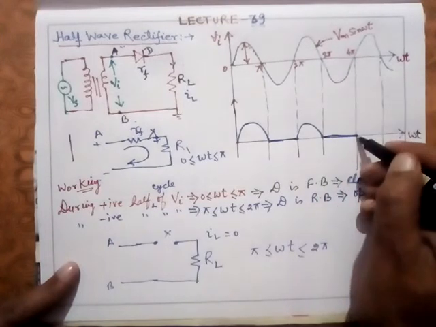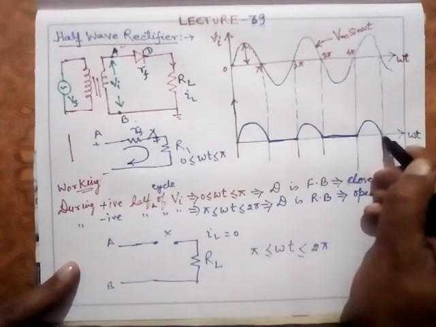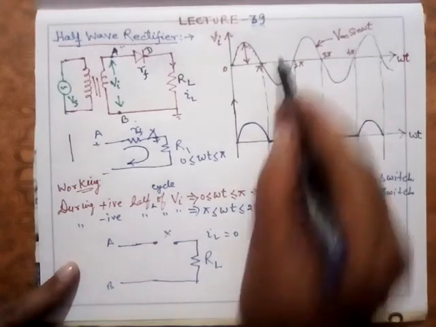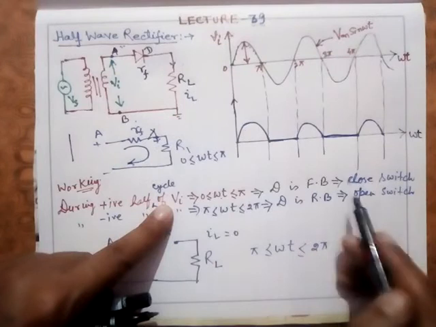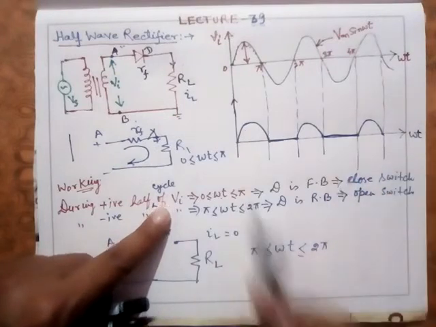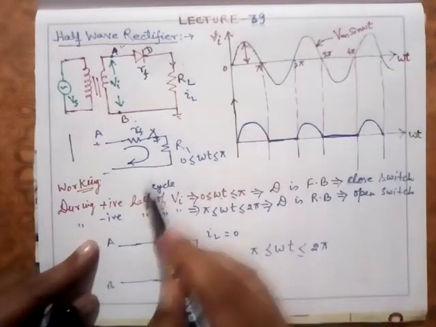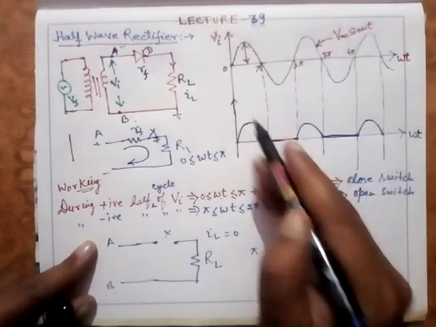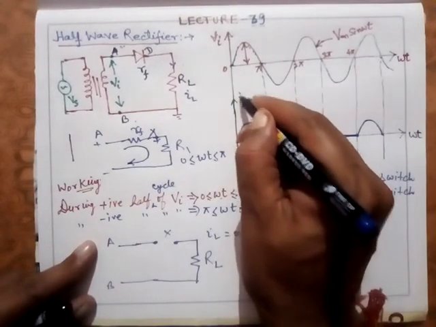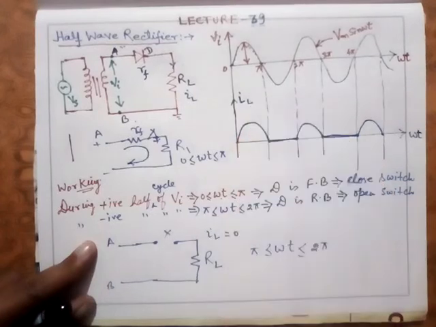Further again, this diode will be forward biased. So during the positive half cycle, this diode D is forward biased, acting as a closed switch, and current is flowing according to the input signal here. Say I'll call this IL. IL means current across this load.